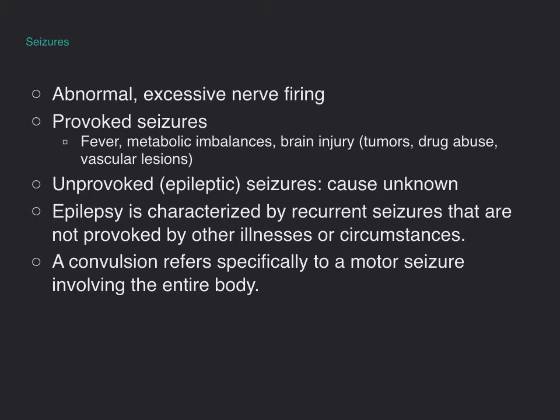Unprovoked seizures are known as epileptic seizures, and they really don't know what causes these. Epilepsy is characterized by recurrent seizures that are not provoked by other illnesses or circumstances. A convulsion refers specifically to a motor seizure involving the entire body.